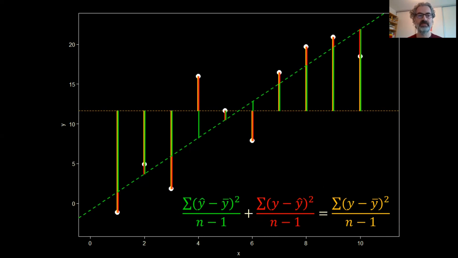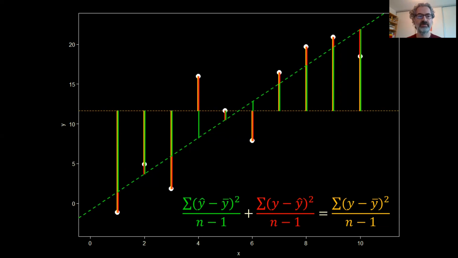If you look at each data point, for example, this one, its total distance from its own mean, so this is the orange line, the distance of this data point from the mean of all y. This distance is broken down into two parts. One part is the green line, which is how far from the mean our prediction is.